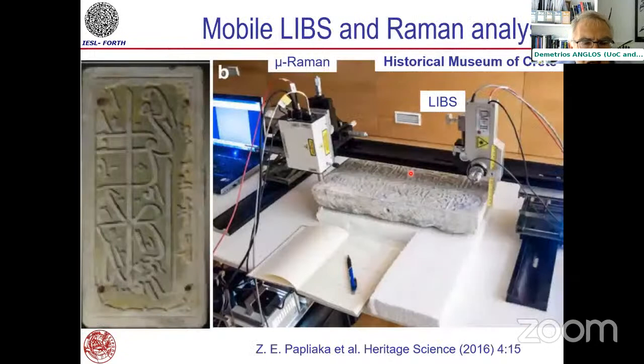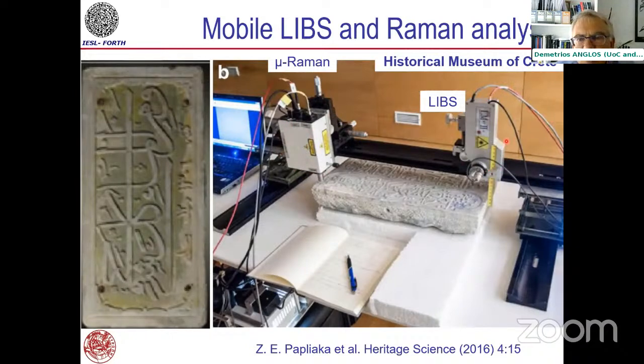Now, how do we do that? You see in the slide again a mobile Raman system and a mobile LIBS system working in a museum side by side. So it's easy, straightforward to see the concept. We have the Raman probe head on the left.